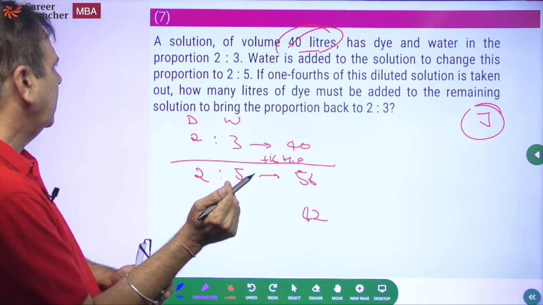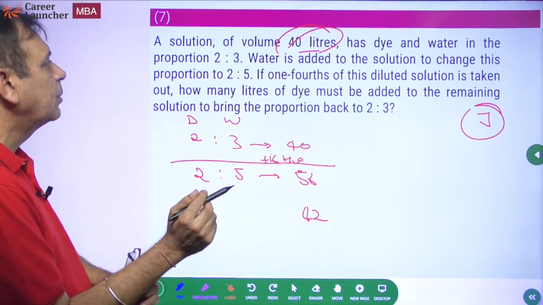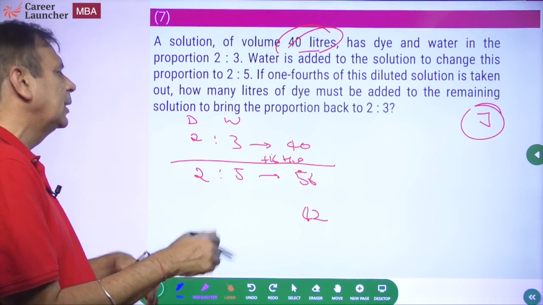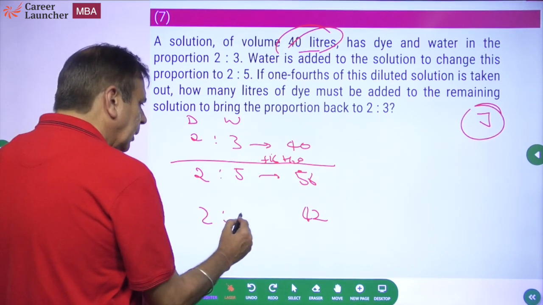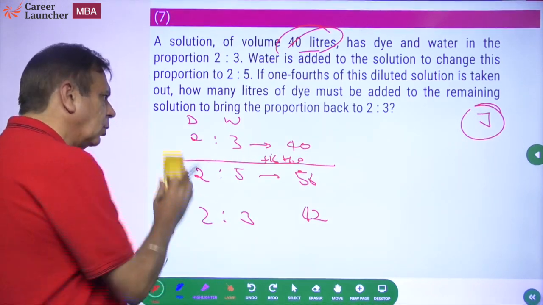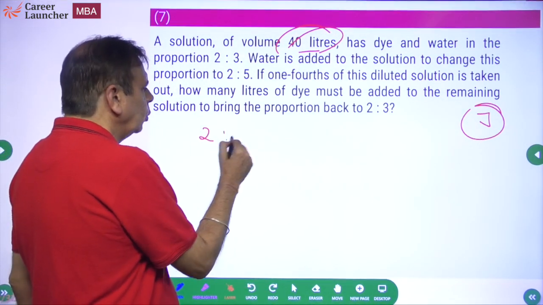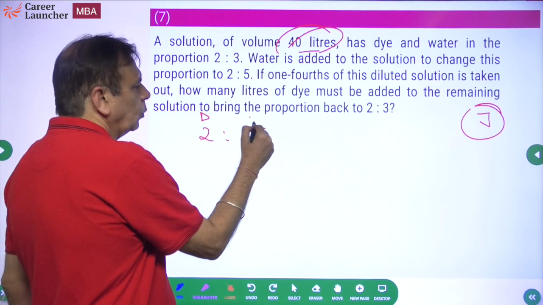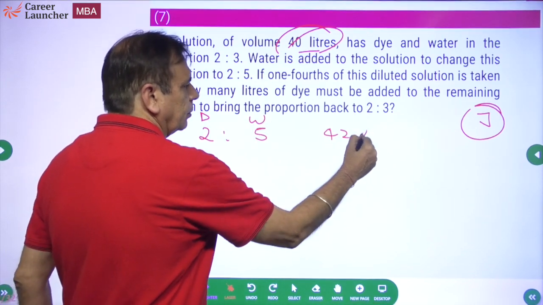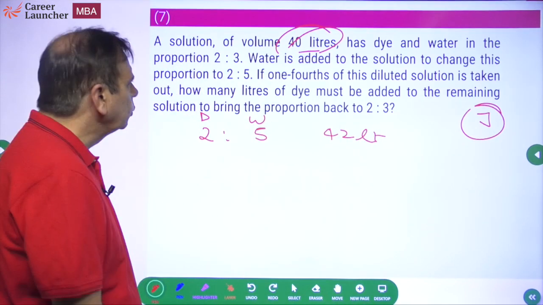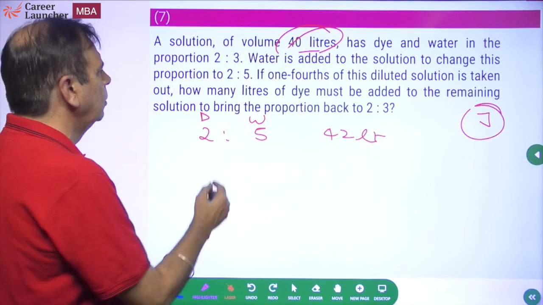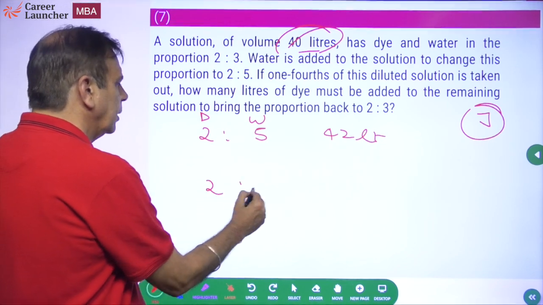How many liters of dye must be added to the remaining solution to bring the proportion back to 2:3? तो भैया इसको अब वापस 2:3 लेके जाना है. चलो वही करेंगे जो पहले किया था. So what do we have now? We have a 2:5 dye to water solution, which is 42 liters. Now what do we want to do? We want to convert this back to 2:3.